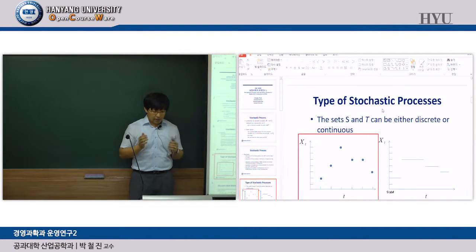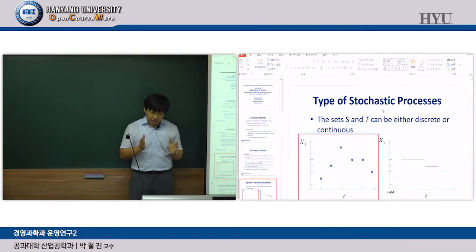Third one, a stochastic process defined on continuous time with a discrete state space. And the last one, a stochastic process defined on continuous time with a continuous state space.